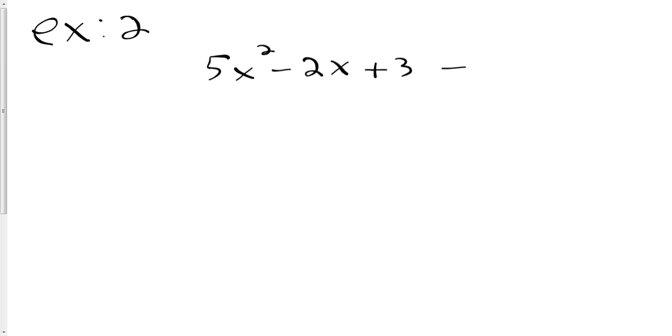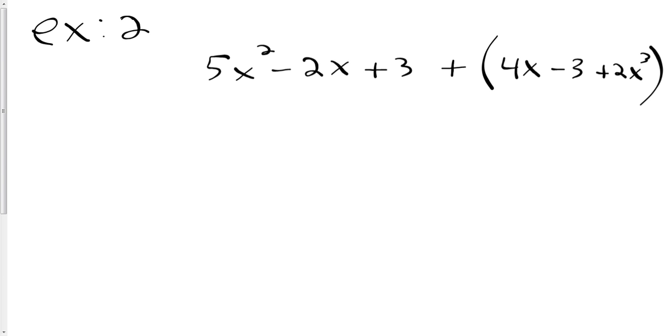And we wanted to add, I'm going to add it like this. Is that okay? I'm adding the whole polynomial to it: 4x minus 3 plus 2x to the 3rd. Okay? So now my question is, what gets combined here?